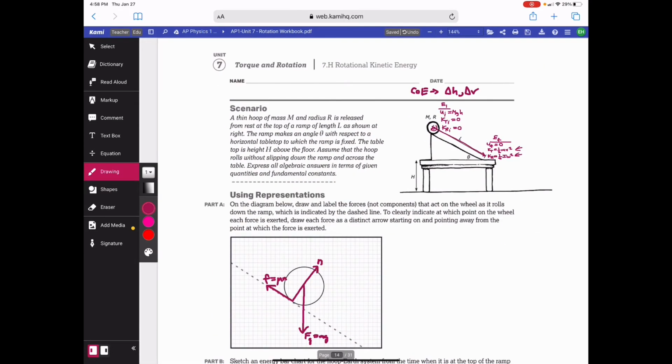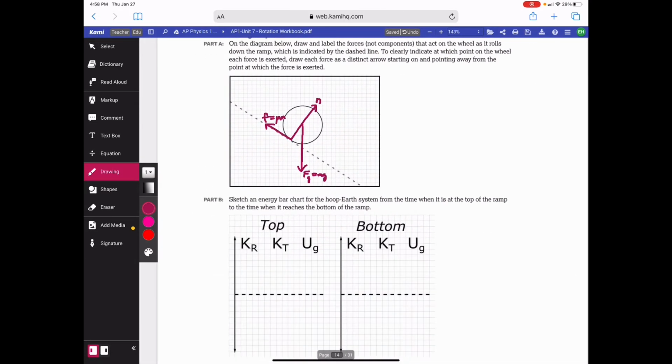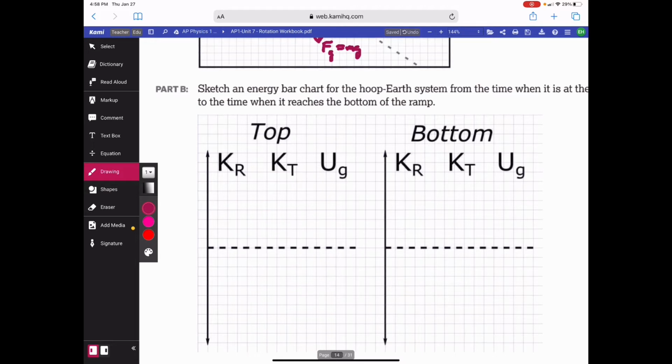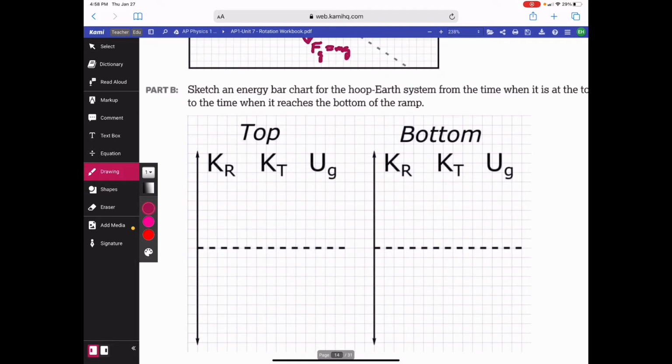So what I'm going to do is draw the bar chart and we're going to come back to it. I'm going to make up a certain number of units: 1, 2, 3, 4, 5, 6, 7, 8, about 8 units high.